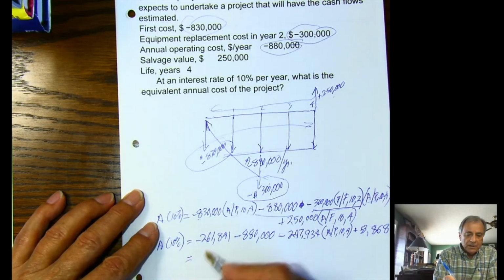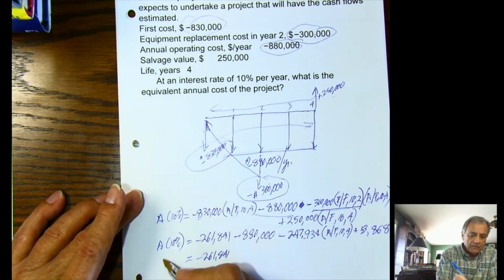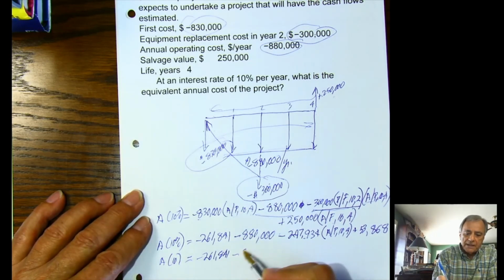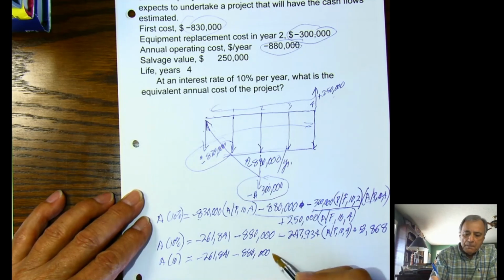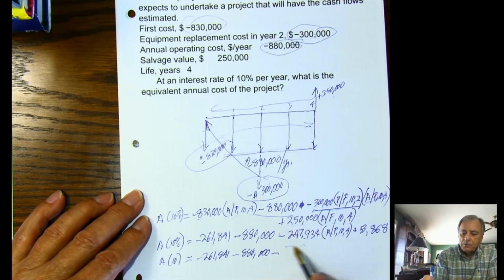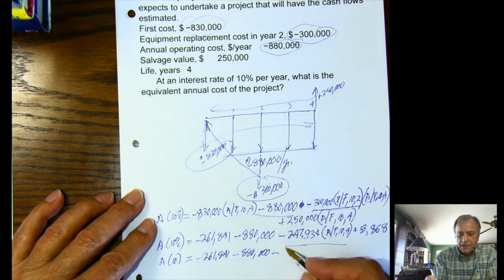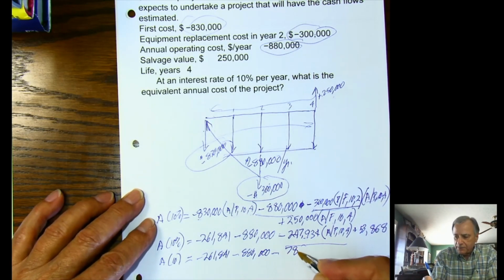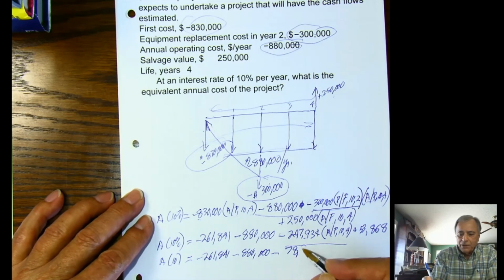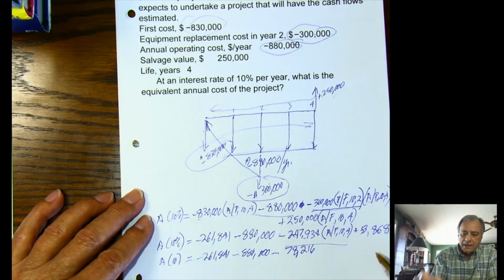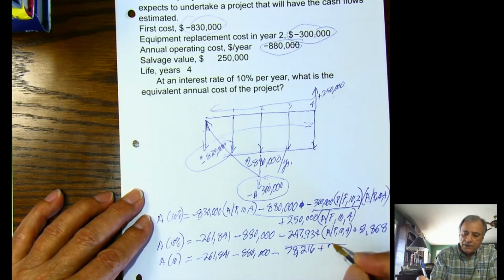This is minus 261,841, minus 880,000. This becomes, when I spread it out over the 4 years at 10%, 78,216, and then I add this plus 53,000.